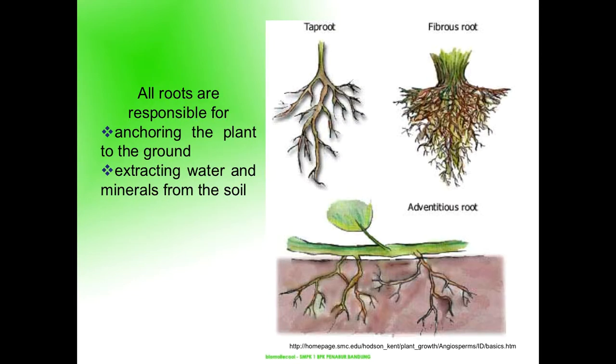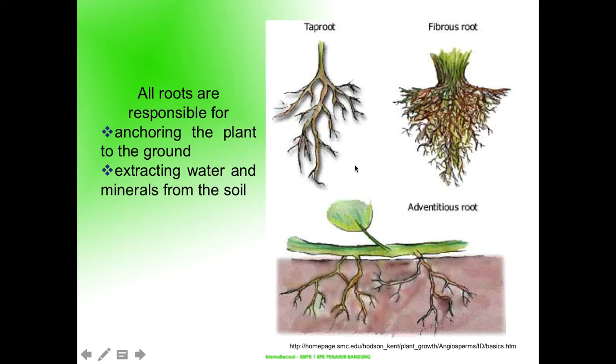You see on the screen now the kinds of roots. All roots are responsible for anchoring the plants to the ground, extracting water and minerals from the soil. This is what we call the taproot, owned by dicots and gymnosperms, while this one is what we call the fibrous root, owned by monocots.